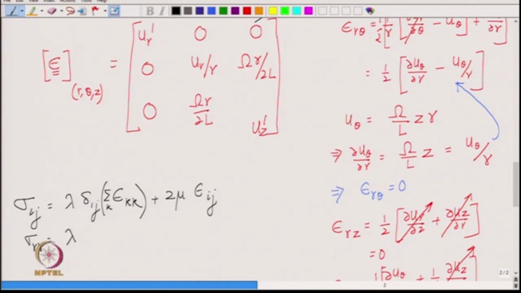So, what would then be sigma r r? That is lambda times the trace of the strain matrix. The trace is simply the sum of the diagonals, which is u r prime plus u r by r plus u z prime, plus 2 mu times u r prime, because that is epsilon r r.